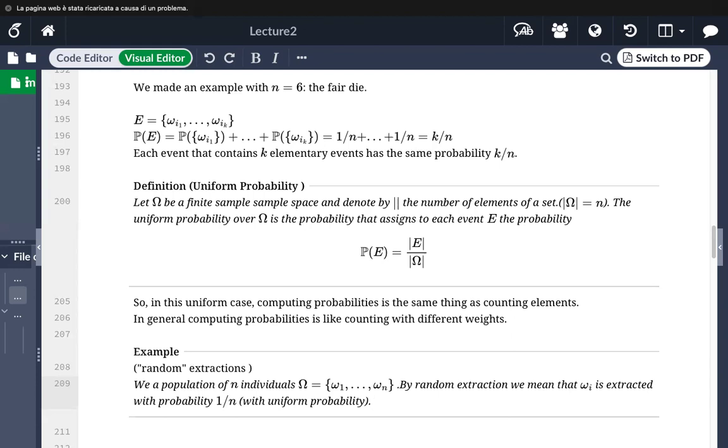Maybe that is not an issue now, but in the past not everybody had a phone, and many polls went really bad because they were sampling not from the whole population but from a particular subset. So having the extraction be as uniform as possible is really a problem in statistics.